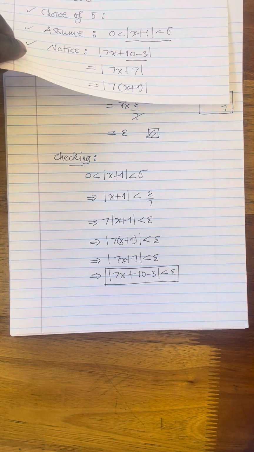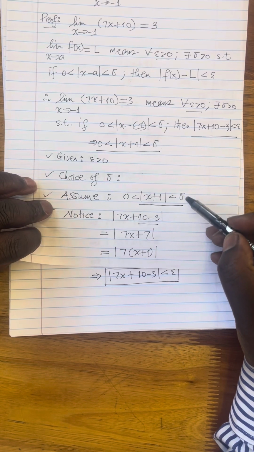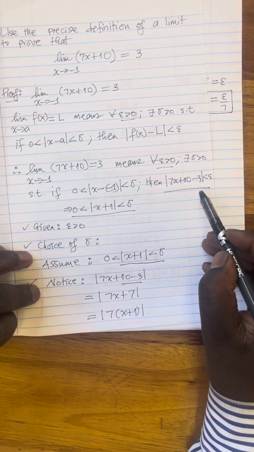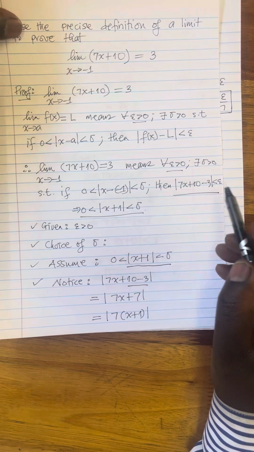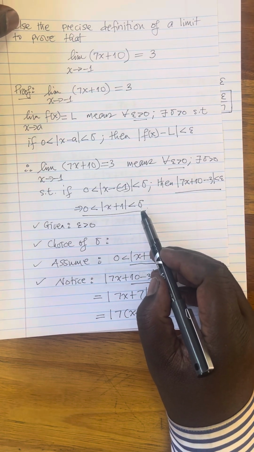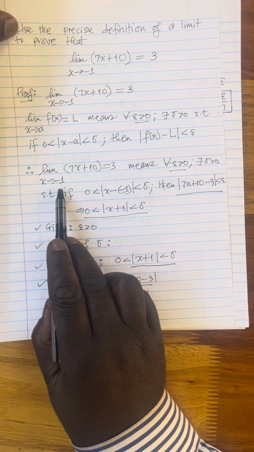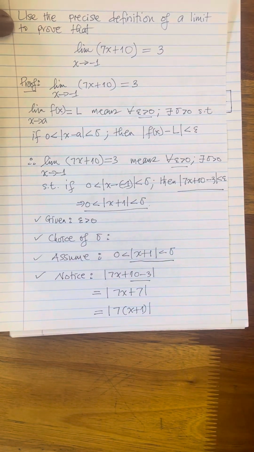We said if we can find a very small number delta, such that when we place in that position and manipulate this expression here, it should give us that. That is the essence of the precise definition of a limit, which says if you are within delta of our value of a in the open interval, you must be within epsilon of the limit on the vertical axis.